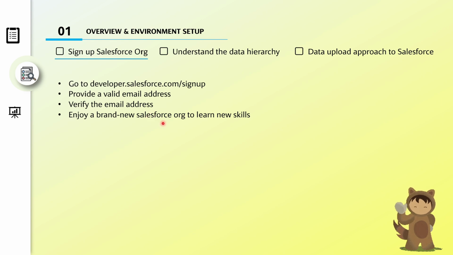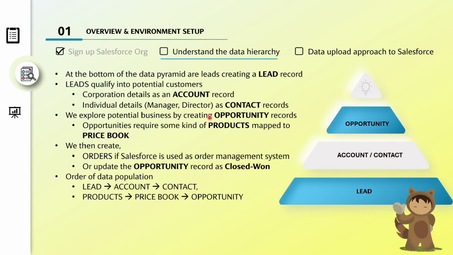Okay, so let's understand the data hierarchy that we'll be uploading into Salesforce. If you're new to Salesforce, you just have to understand this. Otherwise, most people get lost uploading multiple records into multiple objects, and then they don't understand the big picture of it. So how is Salesforce stacking up this information?